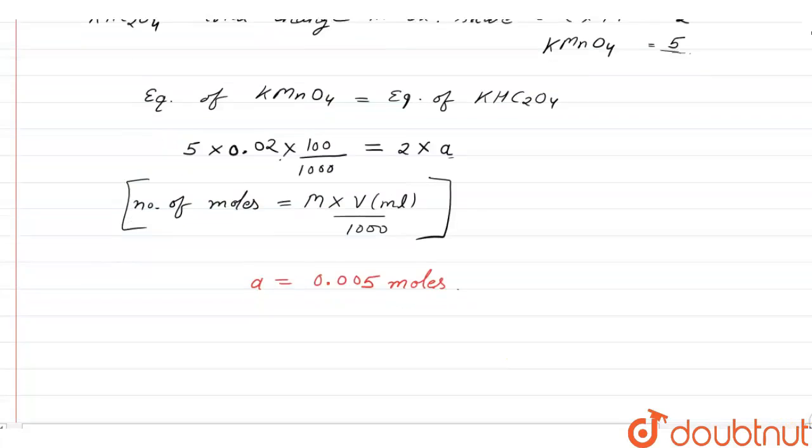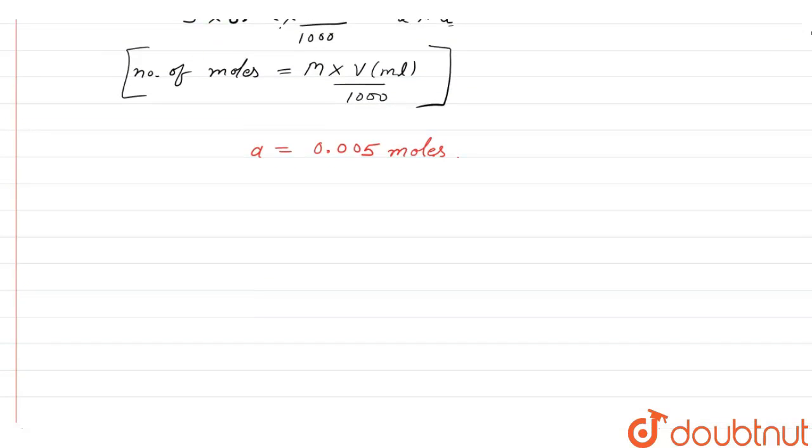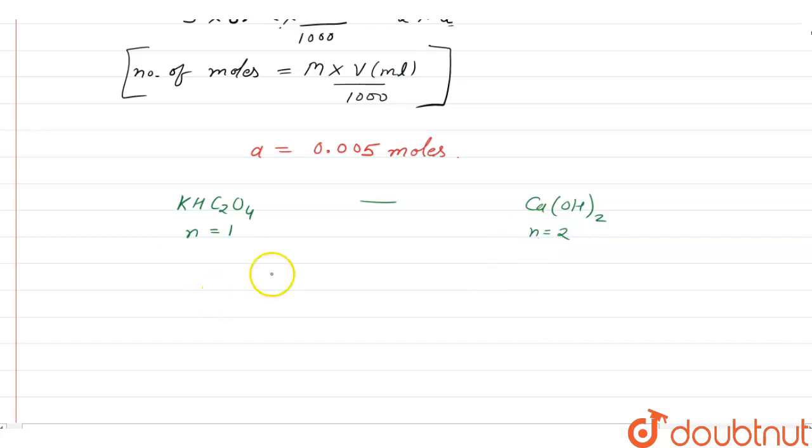Now let's see the second reaction, that is when potassium hydrogen oxalate is reacting with the calcium hydroxide. In this case the n factor of potassium hydrogen oxalate would be 1 only, and for calcium hydroxide the n factor would be 2. Because how would the reaction occur? Let's see.